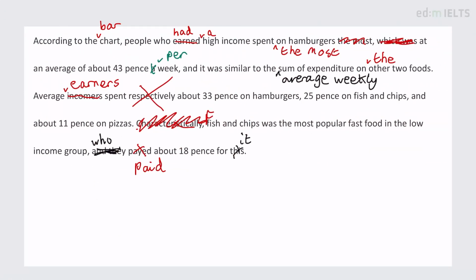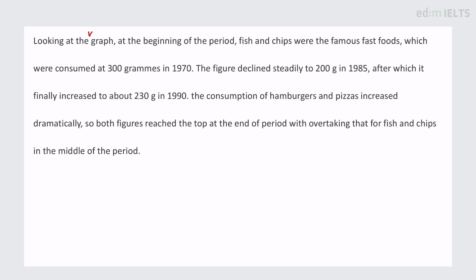So let's change it to "with the most eaten of the 3 types of fast foods."